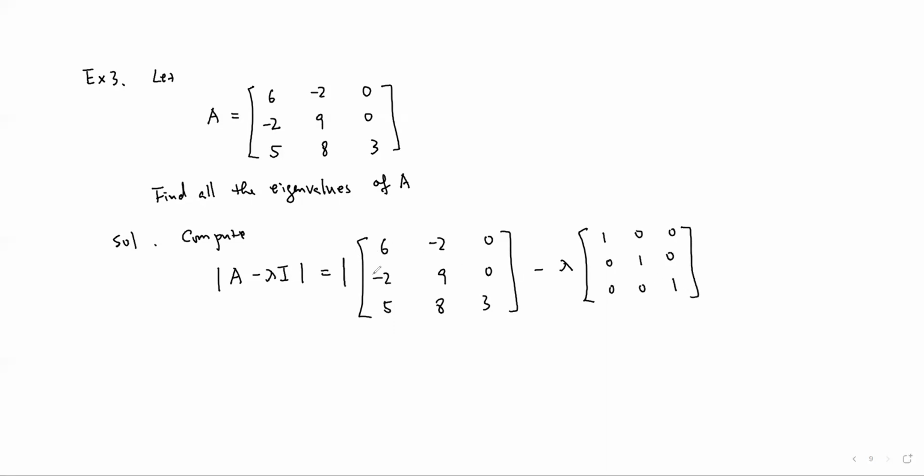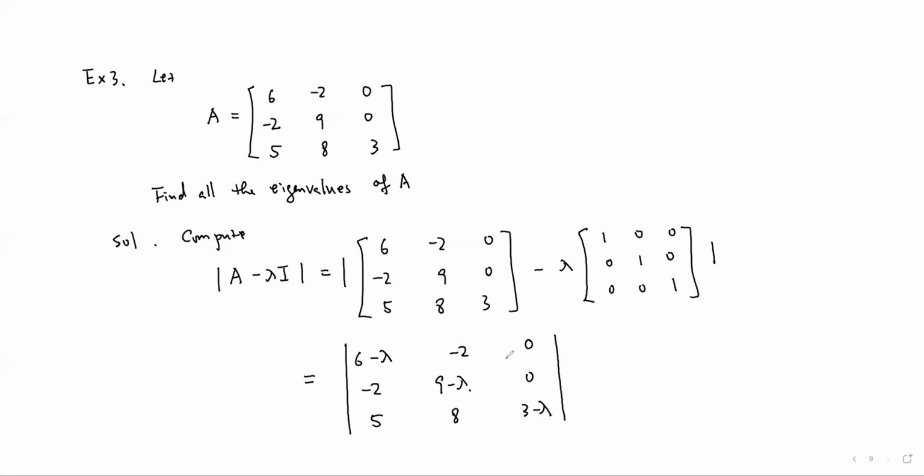Then the determinant. So it is 6 minus lambda, -2, 0; -2, 9 minus lambda, 0; 5, 8, 3 minus lambda. Okay. The determinant is a polynomial.